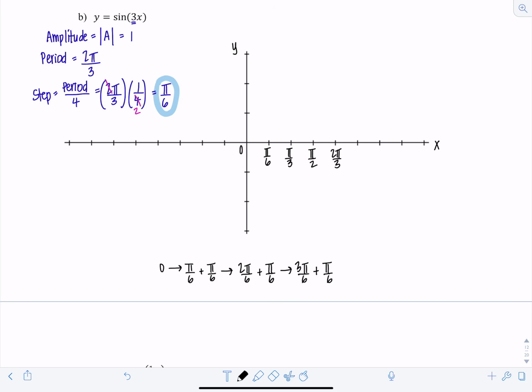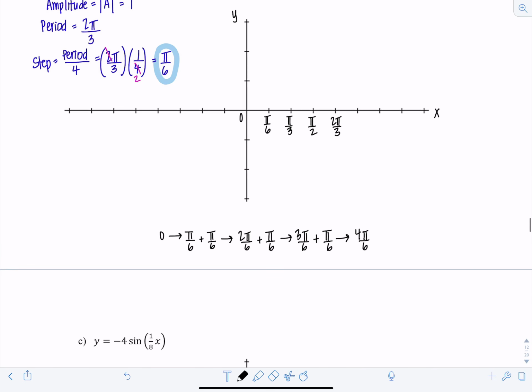Add another pi over 6, and I get 4 pi over 6. And you always want to reduce, right? So there's pi over 6. There's pi over 3. There's pi over 2. And there's 2 pi over 3. And you always include your first one, 0. So there's our 5 points.